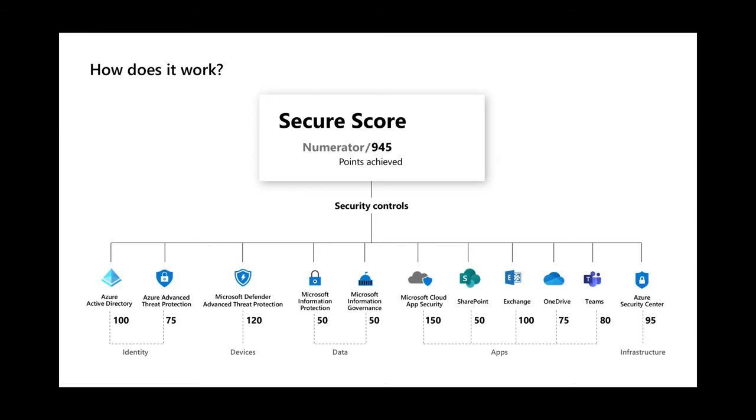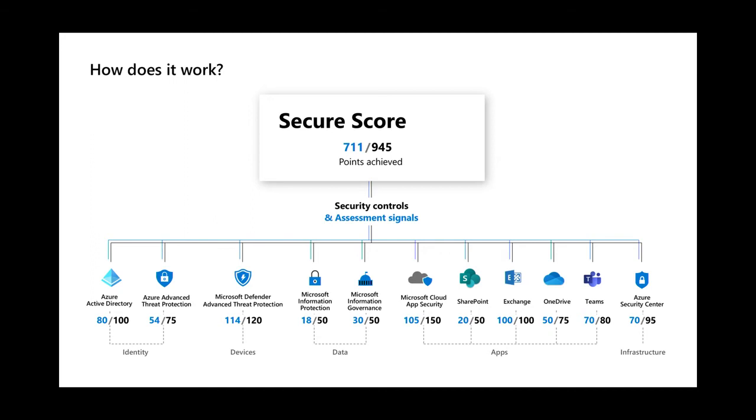Now, all of these workloads are constantly assessing if you have enabled a control or not. All these assessment signals are yet again shared with Secure Score, and accordingly, you earn points towards your Secure Score. If you've enabled a control, you earn the points for that control. If you haven't, you won't earn the points for that control. All of that is aggregated, and that's your numerator.